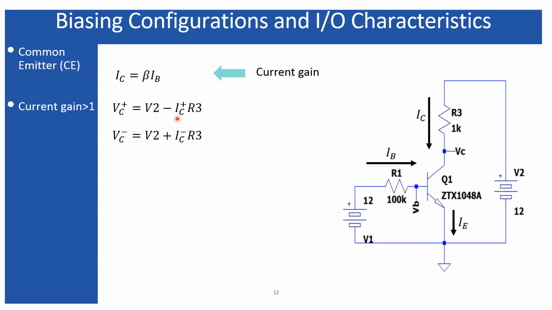So the incremental current will result in a decremental voltage. However, I have denoted it by a plus sign to signify that this VC plus is associated with the IC plus.